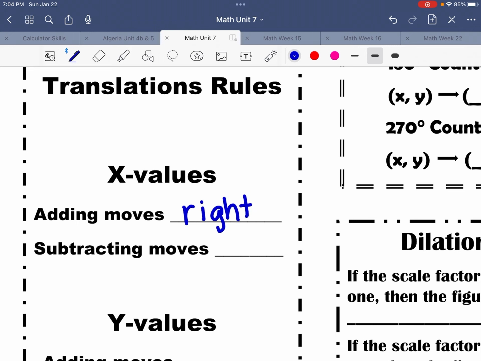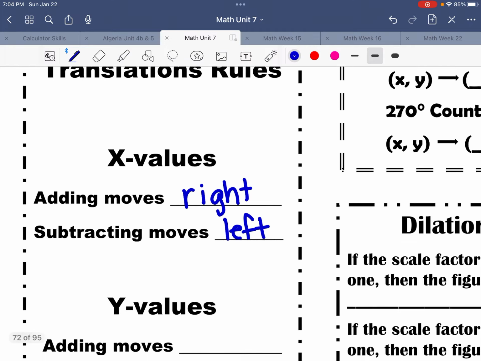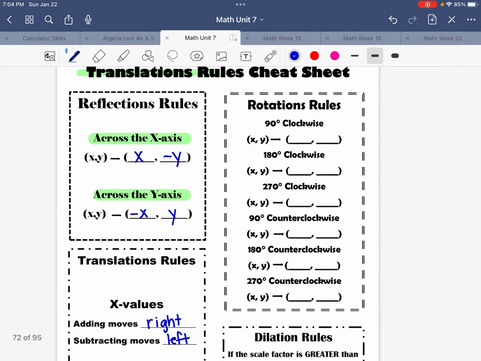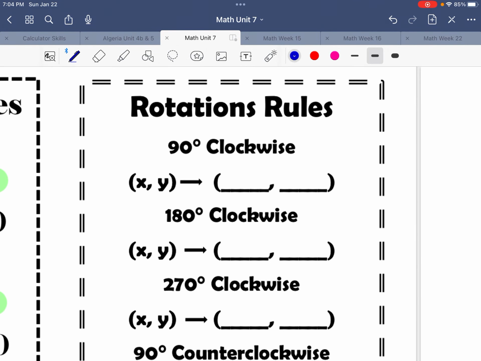If you subtract from the x value, it moves to the left, just like on a number line, okay? And think of the y-axis as an up and down number line. Adding moves you up, where subtracting moves the figure down, okay? So those are pretty easy to remember, especially if you can visualize it.